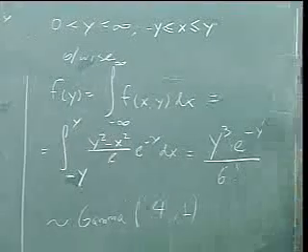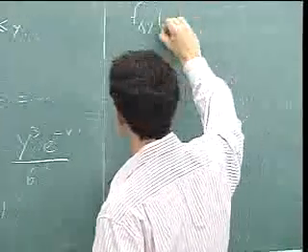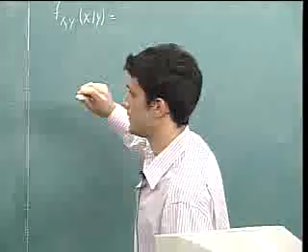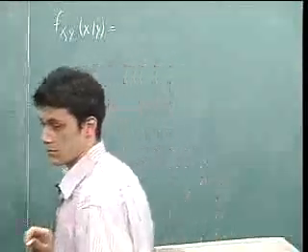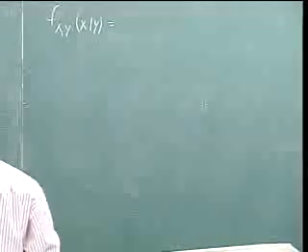So what is the conditional density now? Well, it is the joint density, and here we have to be careful as to where we define it.